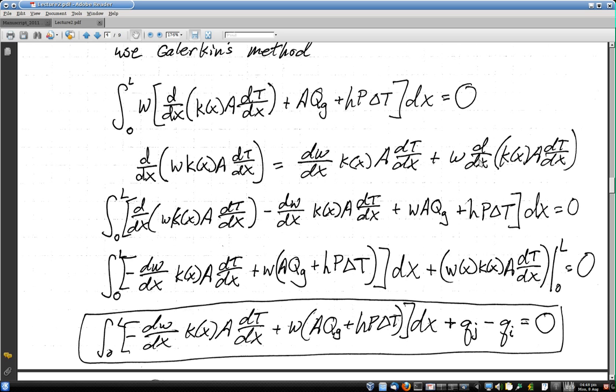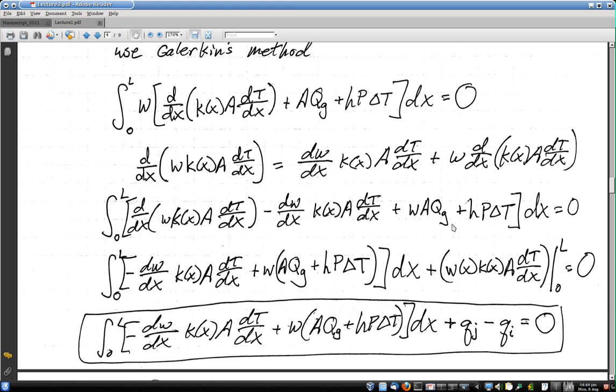Notice this whole thing here is this term minus this term. And then I just bring down these two terms. One thing to note is there should be a W on here. I've made a typo in my notes, but the weight function should be multiplied through on both of these terms.